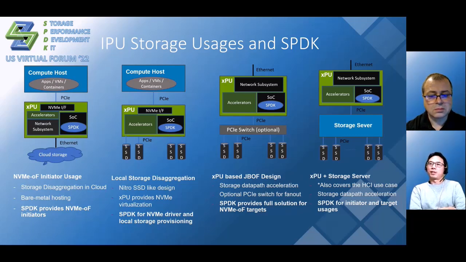Often you might see another PCIe switch used to enable fan out, so you can attach more drives. SPDK is a perfect choice in this kind of solution because it gives you all the components you need to build NVMe over Fabric targets. For example, NVMe over TCP targets and NVMe over RDMA targets, right?